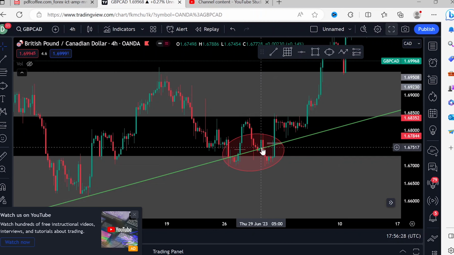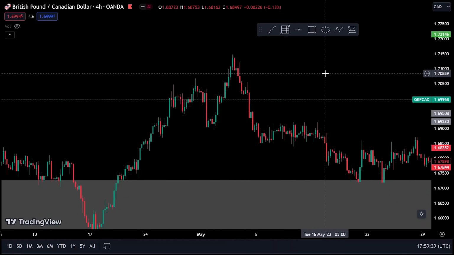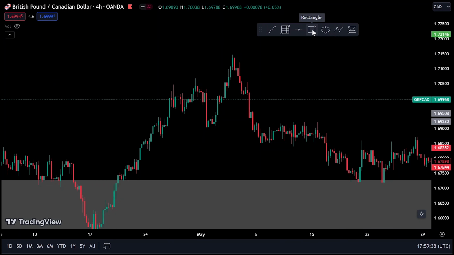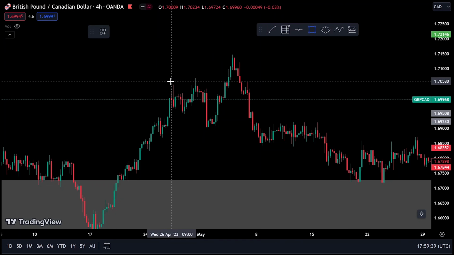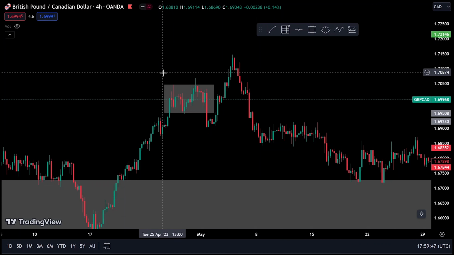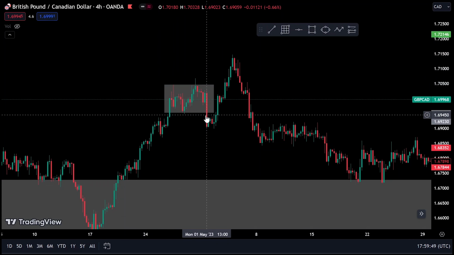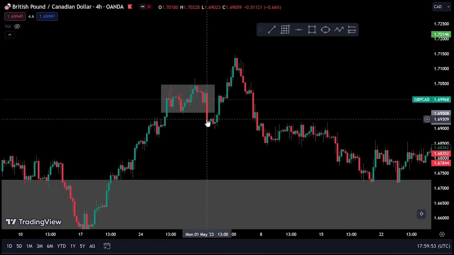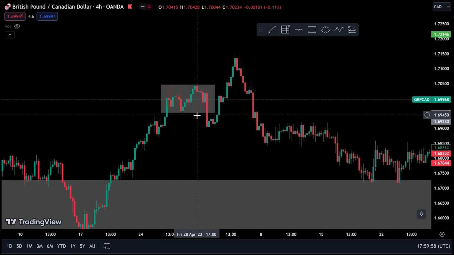Now let's look for engineering liquidity. So engineering liquidity is a false move after an ancient range consolidation. Okay, so let's see. We have some consolidations right here, which is an ancient range consolidation. And now there's this strong bearish candlestick that has broken out of the range.